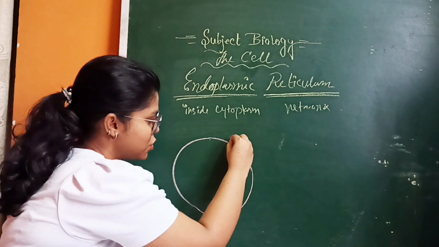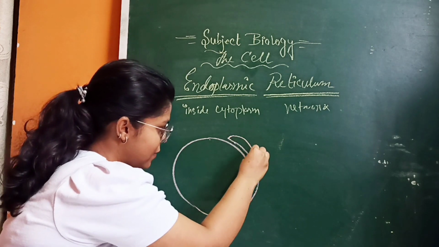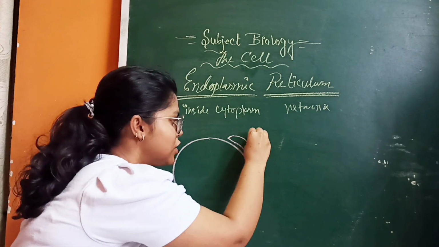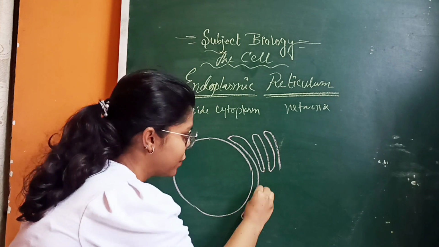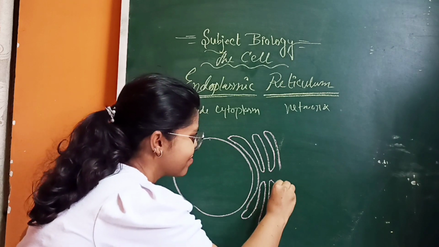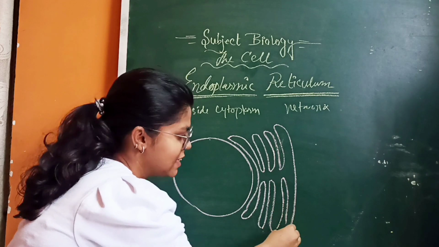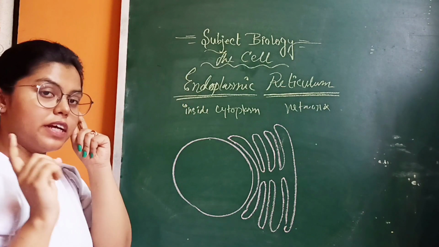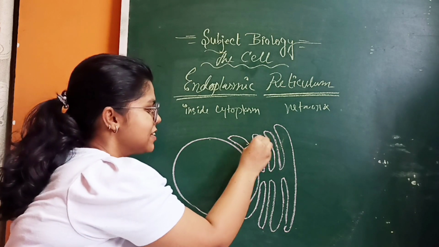Here is the cisternae, which is closer to the nuclear envelope or nucleus, that is the evagination of the nuclear envelope, and here the ribosomes are present.